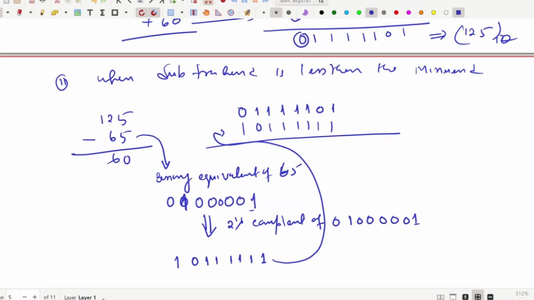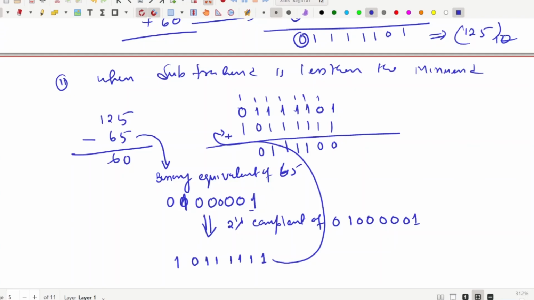What is the result? 1 plus 1 is 0, carry goes here, 1 1 again 0, carry 1 goes here, then this is 1, again carry goes here, this is 1, again carry goes here, this is again 1, again carry goes here, this is 1 1 0 again carry goes here, this is 0 and this is the next. There are no values in the bits in the next, that's why we simply write the carry.